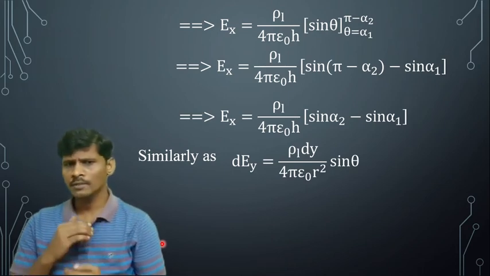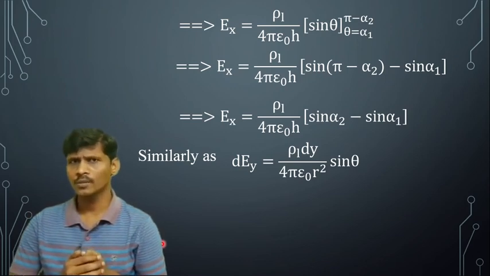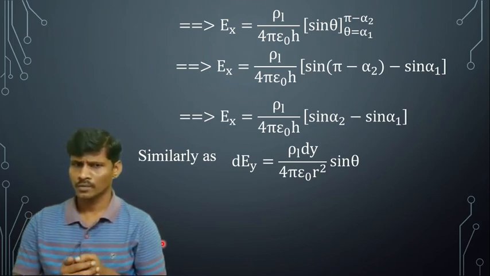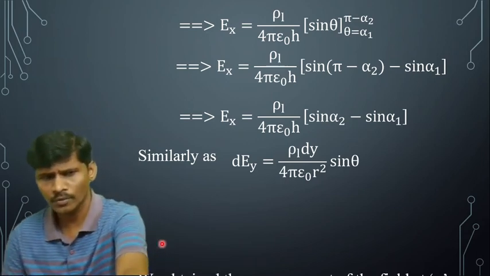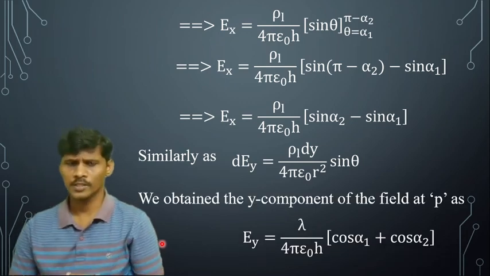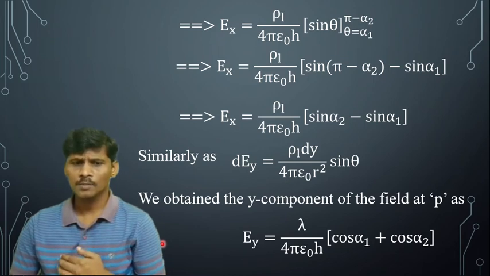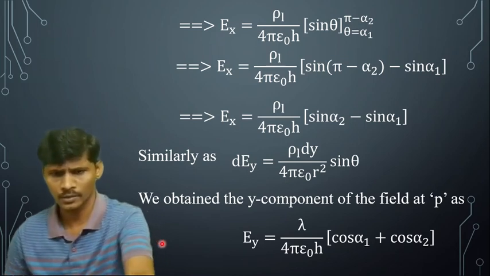The dE value is already calculated: rho l into dy, over 4 pi epsilon naught r square, into sin theta. Therefore, along the y-axis direction, Ey is equal to lambda by 4 pi epsilon naught h into cos alpha 1 plus cos alpha 2.